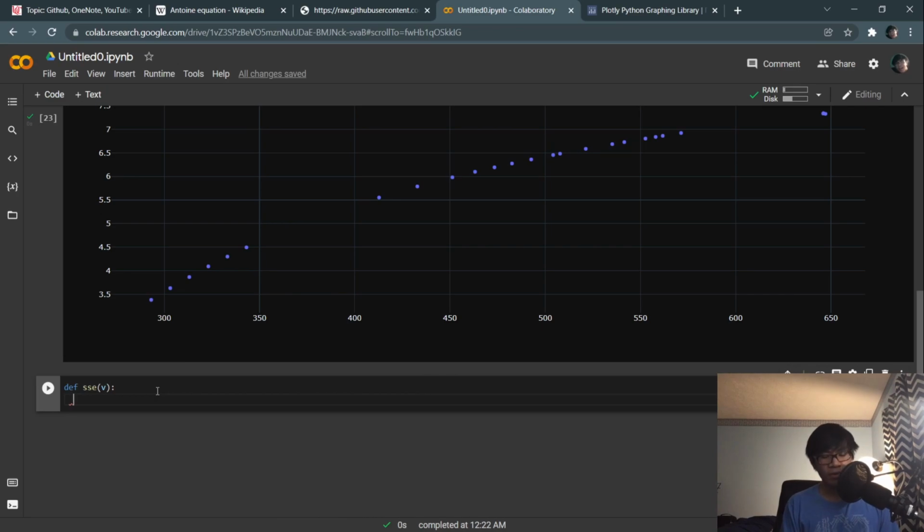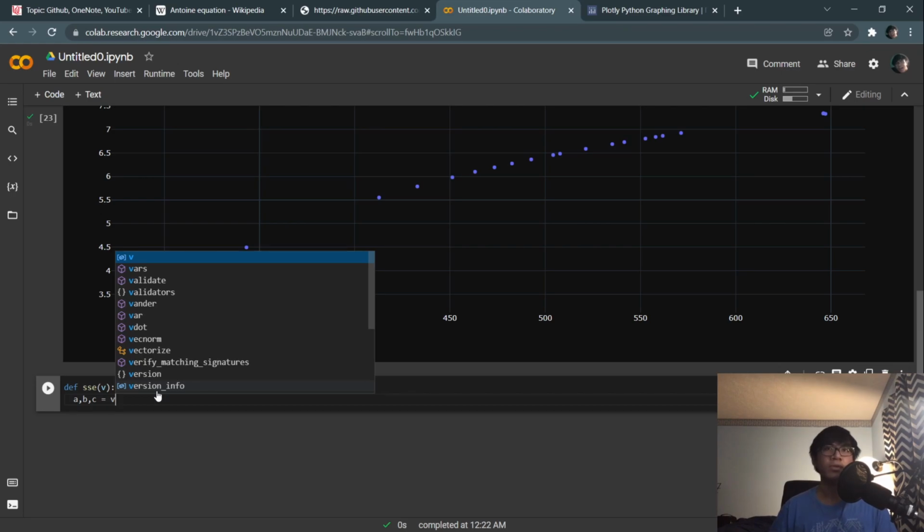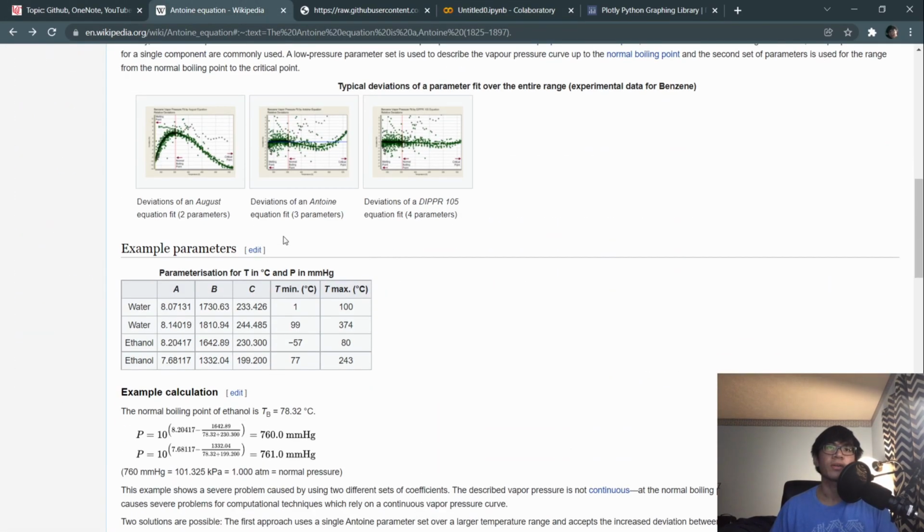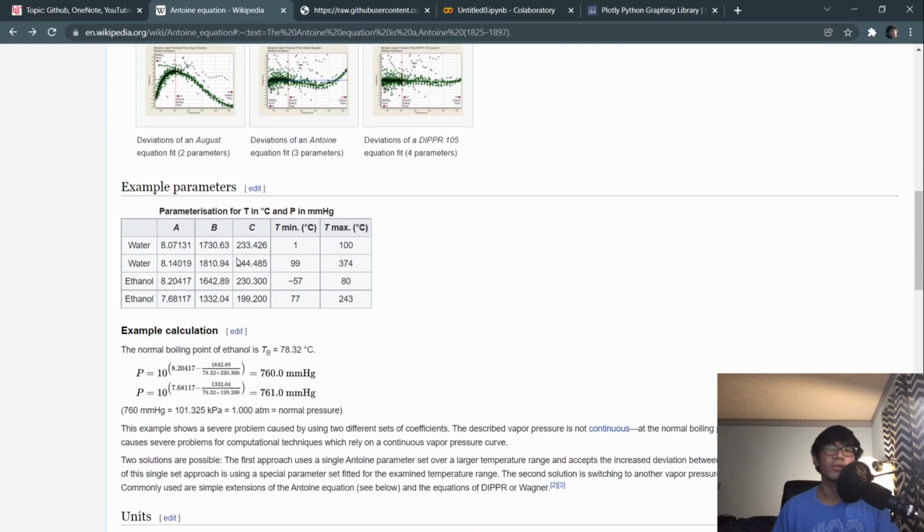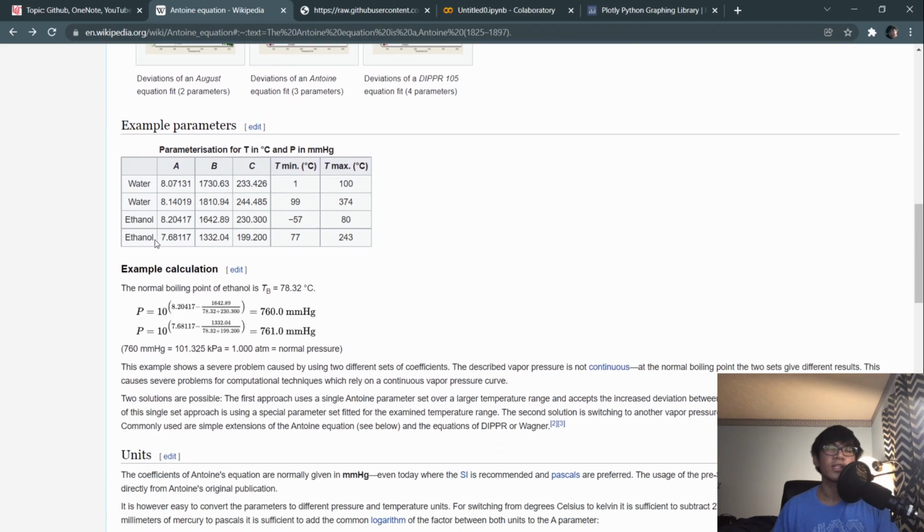So before I get into what I'm going to do, let's set the vector equal to our parameters, and these parameters obviously are going to change depending on what temperature you're at right here. Make sure you watch your parameters, and it looks like they change with the substance you're using.